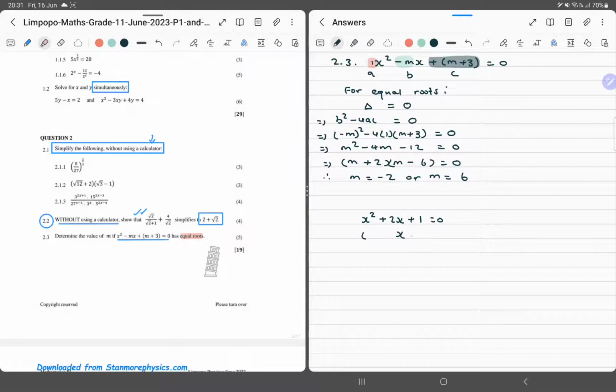So let's see, when we factorize this thing, what happens? So do you see? Therefore x is minus 1, so there's equal roots. So this is correct.